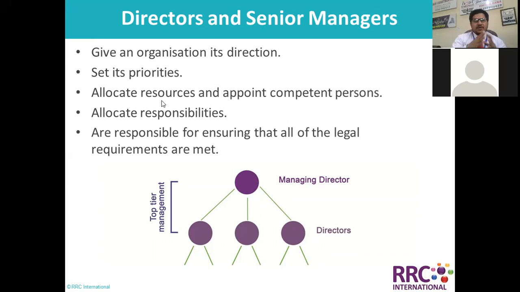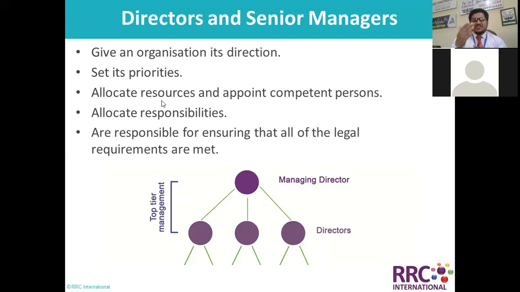And sometimes we give responsibilities plus authorities, but no required resources. So this triangle has to be solid: responsibilities, authorities, and you also provide the required resources. Then that is equal to accountability.